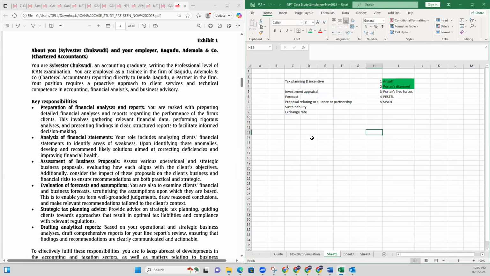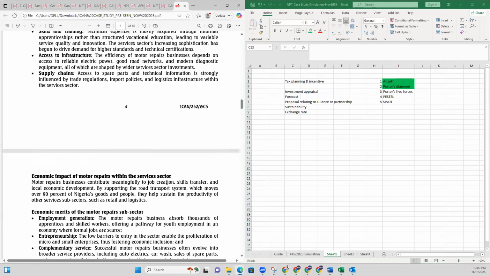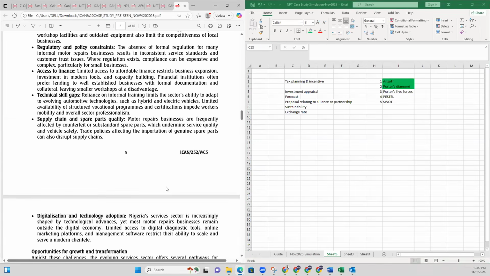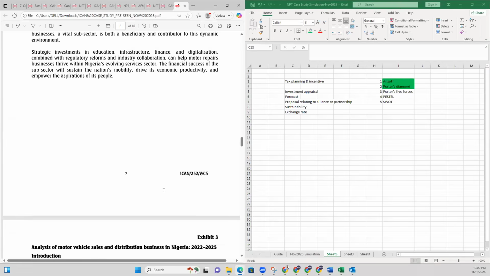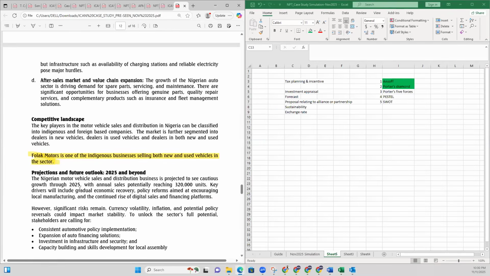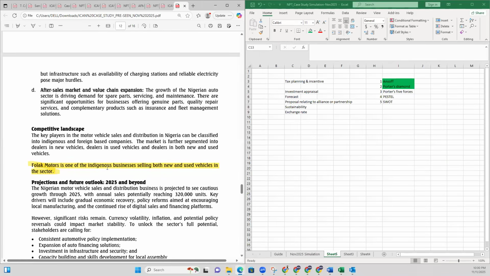But then the other bit is the fact that they said assessment of proposal, right? And if you look at this now, with what they said here, that FOLAC is one of the indigenous businesses selling both new and used vehicles in the sector.